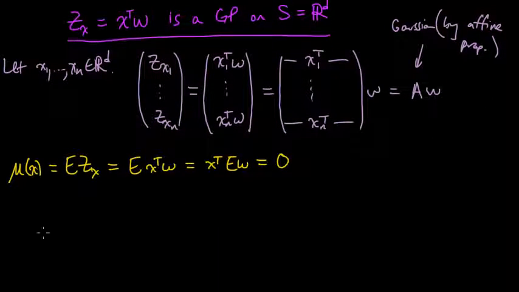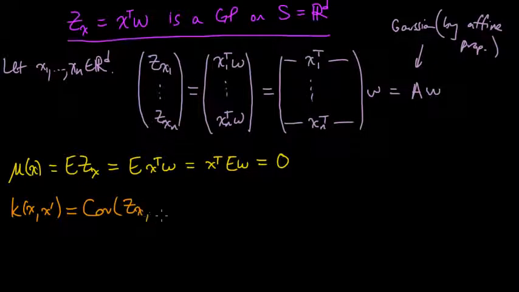That was easy. And now let's see what the covariance function is. Let's call it x prime, because I'm using y for something else above. The covariance function is, by definition, the covariance of Zx with Zx prime.